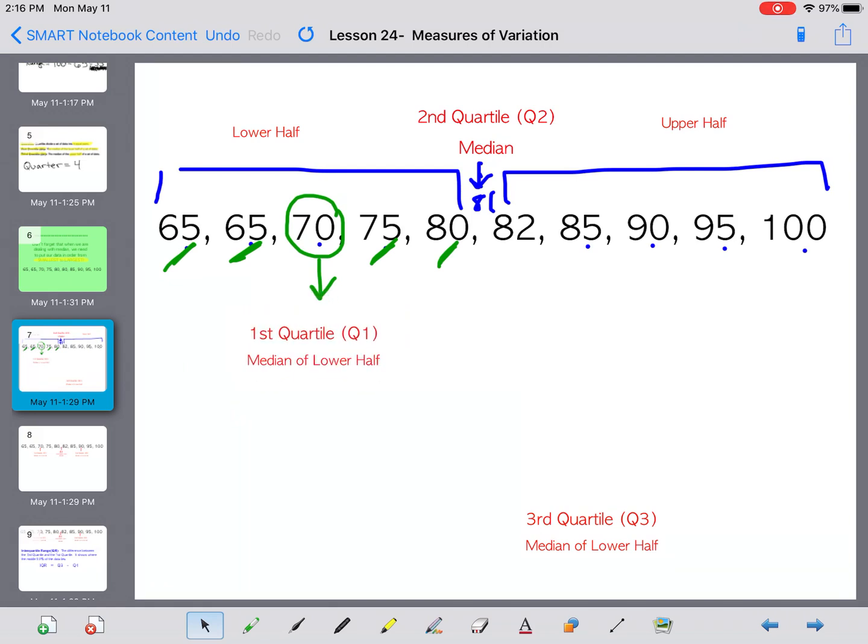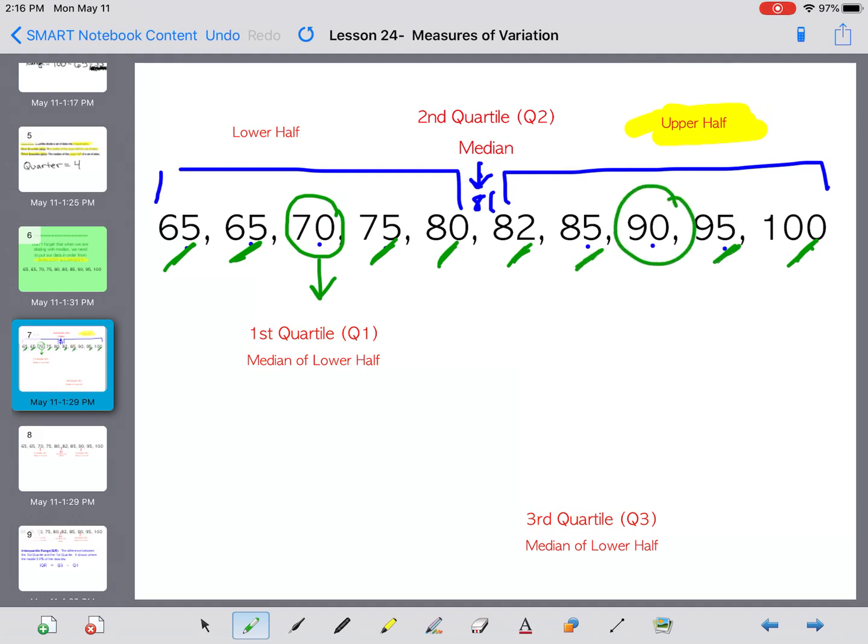Okay, now the same thing is done on the other side. Now we're going to be looking at our upper half. What we need to do is calculate the median of the upper half of the data, and that becomes your third quartile. So again, I'm going to cross out 100 and then one of the smaller ones, 82. And then 95 and then 85.